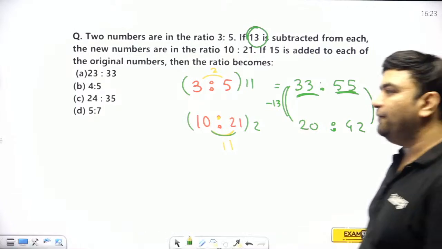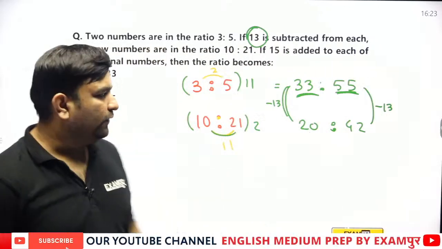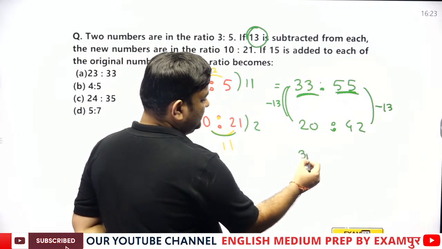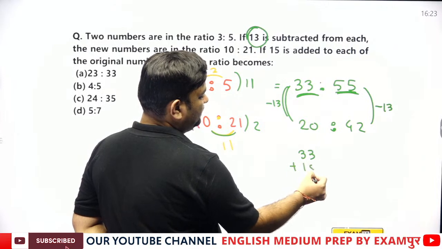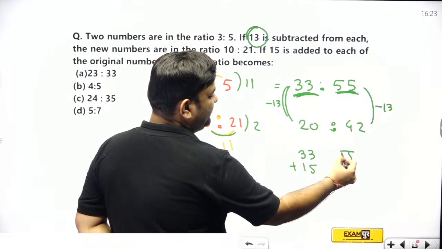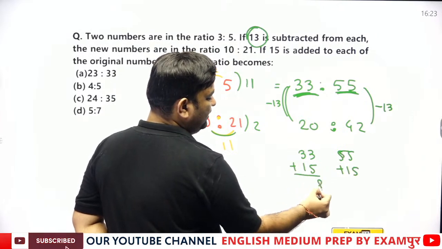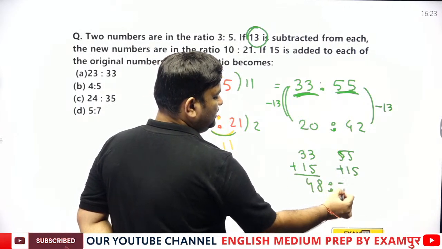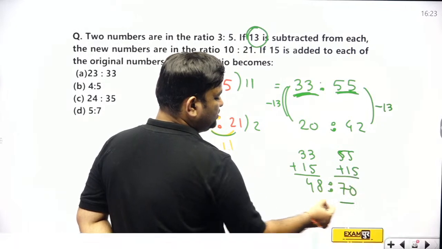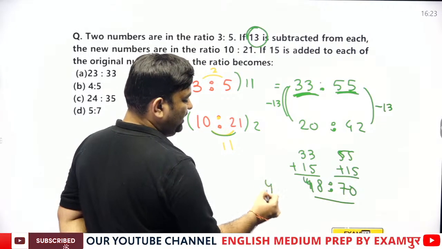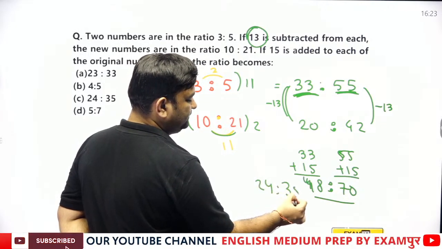Now when you add 15 to these, 33 plus 15 and 55 plus 15, they will become in the ratio 48:70, or you can say 24:35.